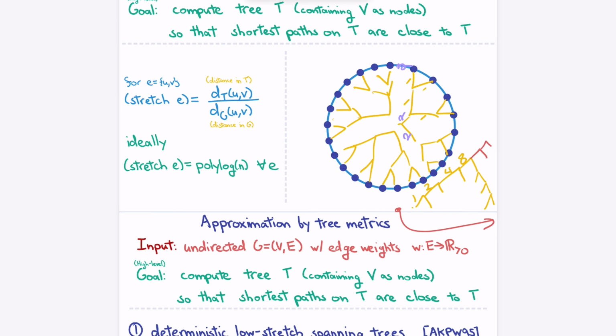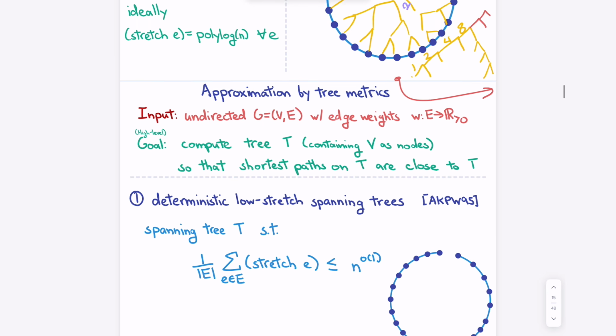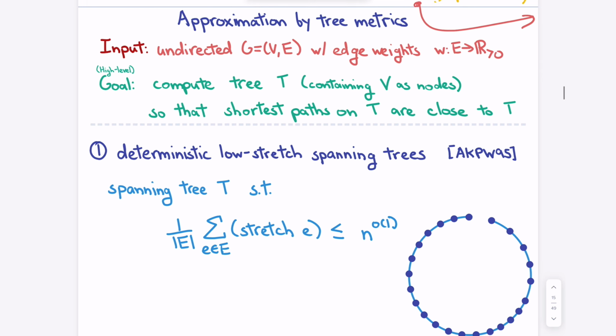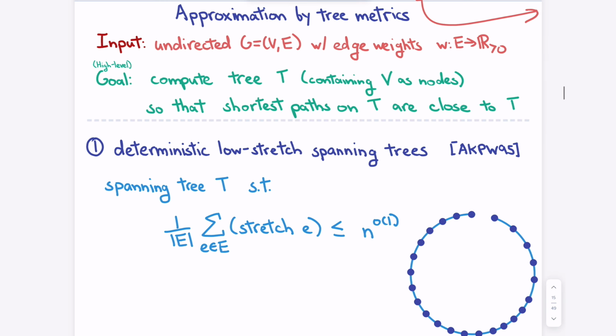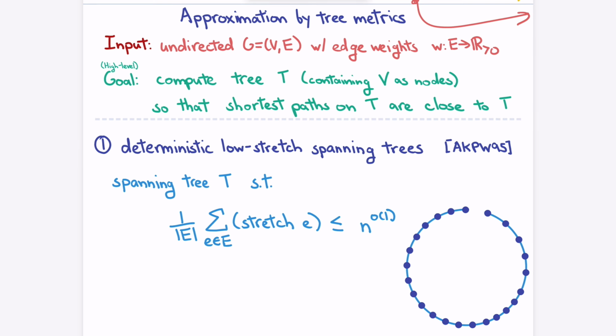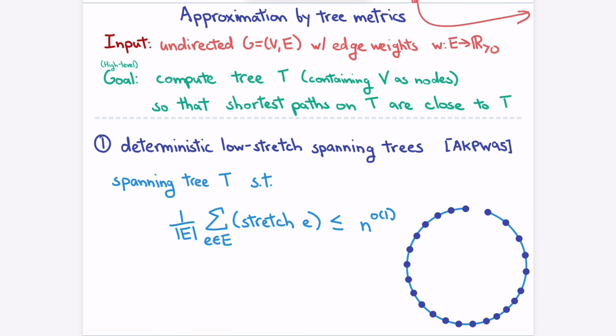All right, so one notion is the average stretch over all the edges. If you actually look at our cycle example for this notion of average, we're not doing so bad.